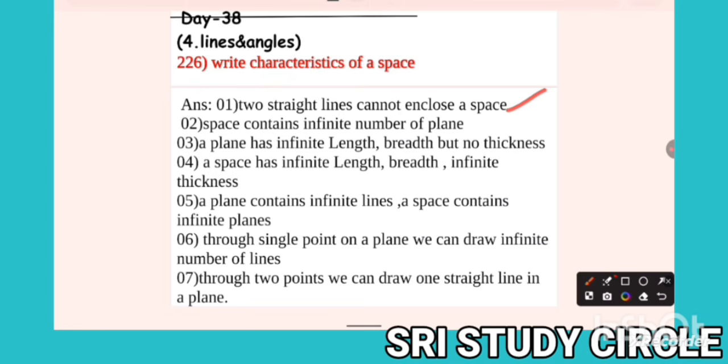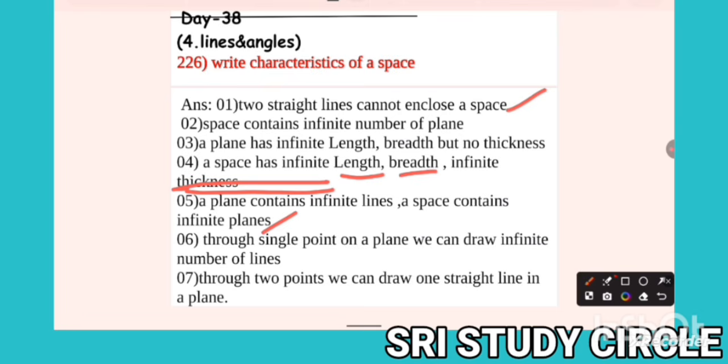Space has infinite length, infinite breadth, infinite thickness. It is known as space. A plane contains infinite lines. Space contains infinite planes. Okay.